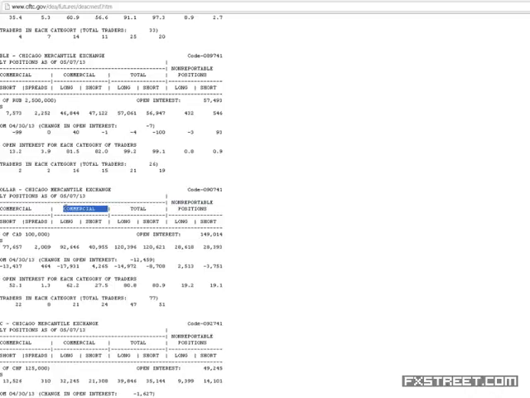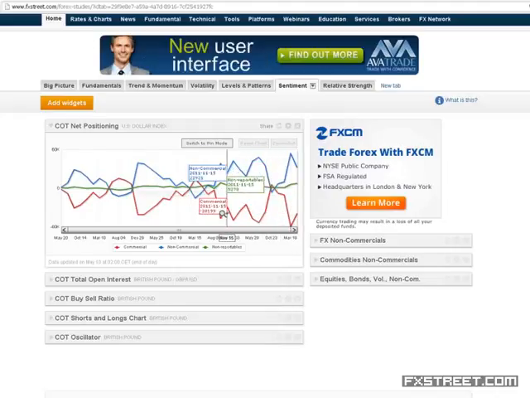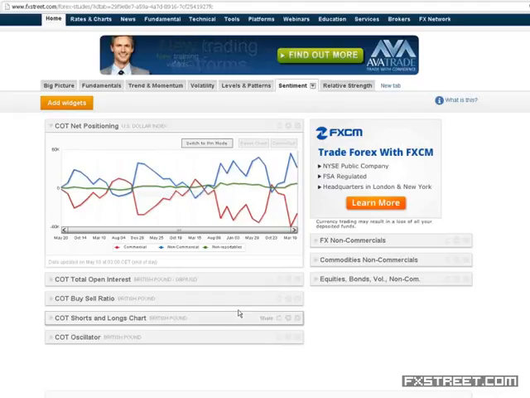For each group, let's say the commercials, you take the difference between how many contracts are long and how many are short, and you can see here, for example, commercials in Canadian dollar are net long. There are more long contracts than short contracts.